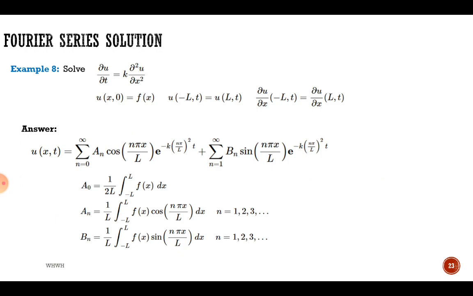If you look, the answer is already given, where this time the answer for example 8 involves a full Fourier series. We have A0, An, and Bn in our solution, where we have a combination of Fourier cosine series and Fourier sine series.